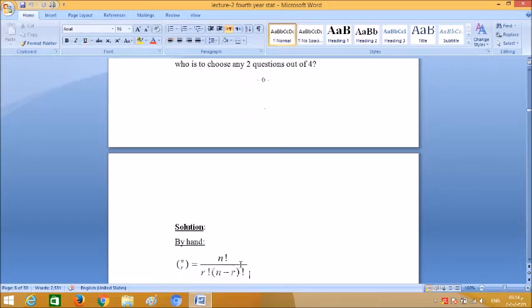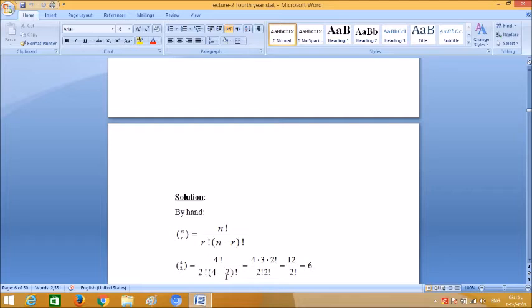By hand, NCR equal n factorial divided by r factorial multiplied by n minus r factorial. So 4C2 equal 4 factorial divided by 2 factorial multiplied by 4 minus 2 factorial. This is equal 6.